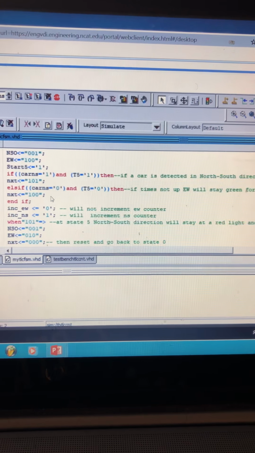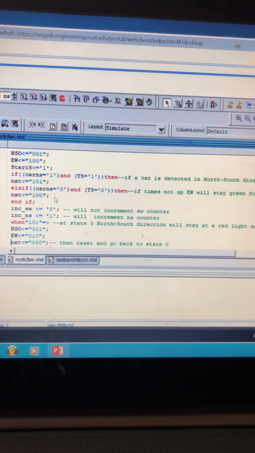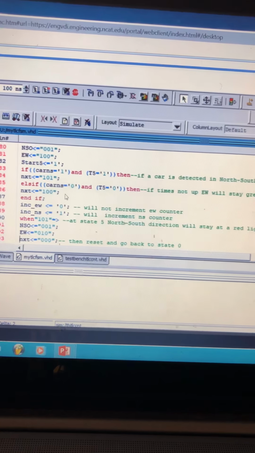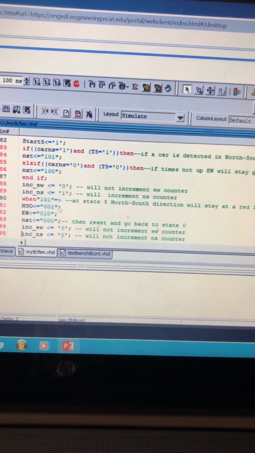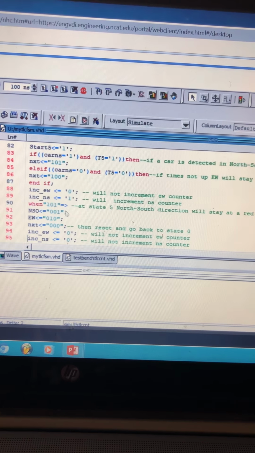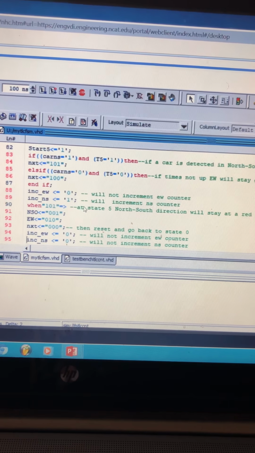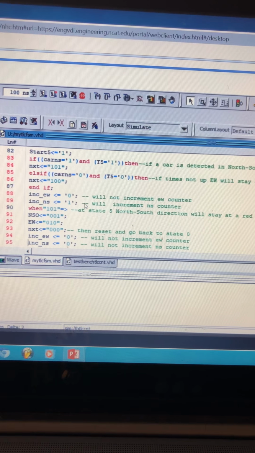Otherwise, if the time is not up, then the east-west direction will stay green for up to 5 seconds. And here you can see I have a couple of increments to count the number of cars in the north-south direction.